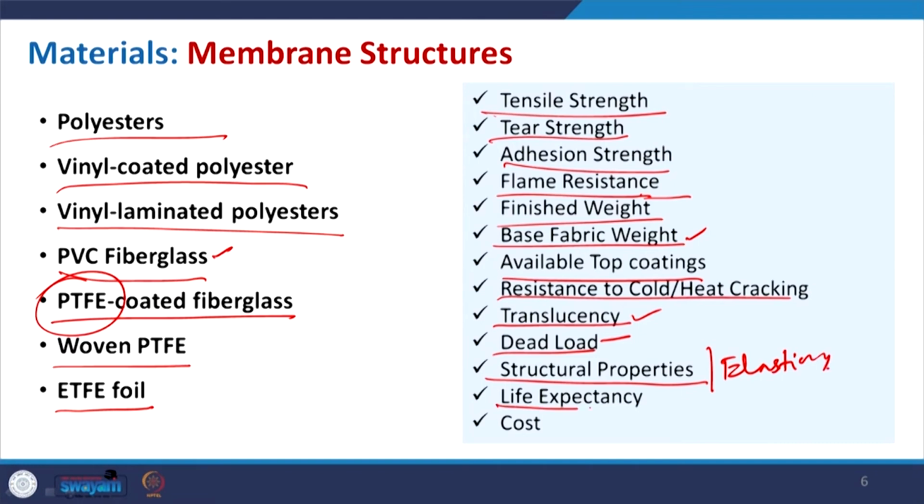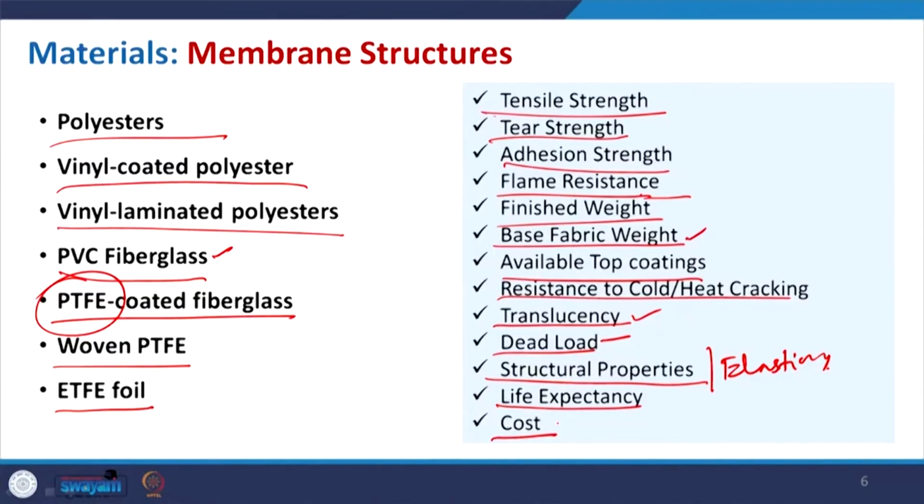The life expectancy also needs to be considered, because when you invest, though these are fabrics and the cost of construction is comparatively cheaper than wall or roof construction, it will not sustain for a longer duration unless it is maintained periodically, or it is very well coated with some structural fabric, which will extend its lifespan.